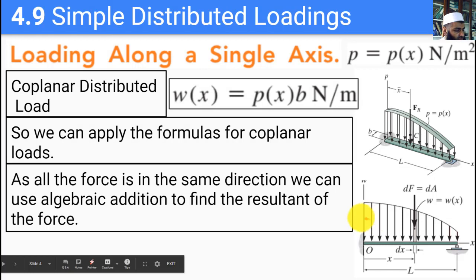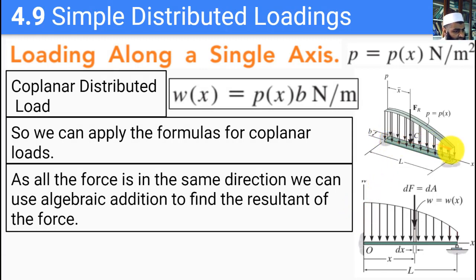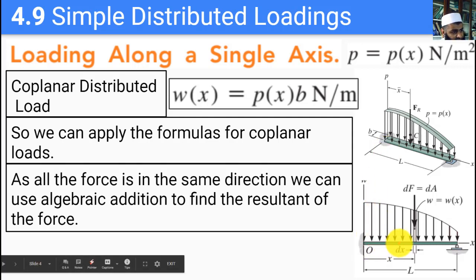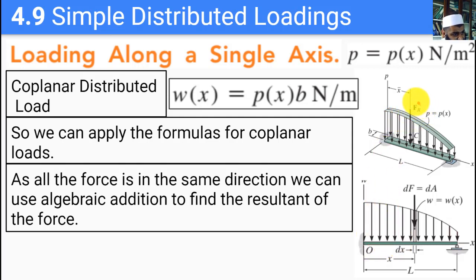The aim again here is that given a distributed loading, we want to find a resultant force which forms the equivalent system for that distributed loading. In this case, we want to find this resultant Fr, but we also want to find the distance where this Fr should be applied, so that the effect of all of this distributed loading is the same as this original force Fr.